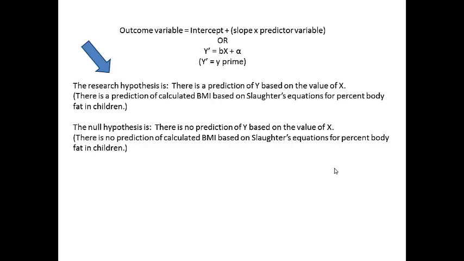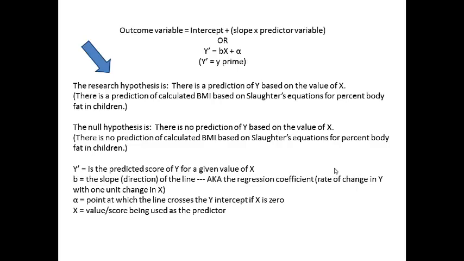If we further explain the formula, y prime is the predicted score of y for a given value of x. I hope that in your mind you are visualizing the graph where we had a y-axis and an x-axis. Beta is the slope or direction of the line.